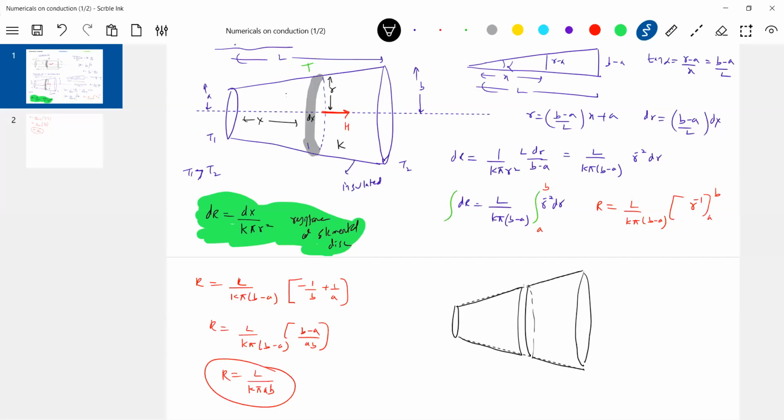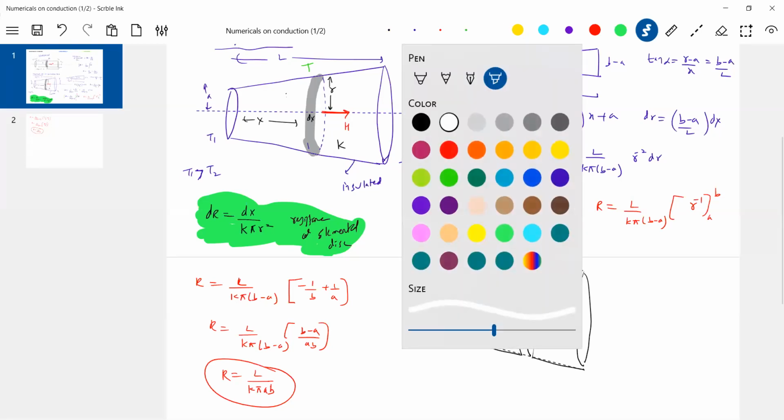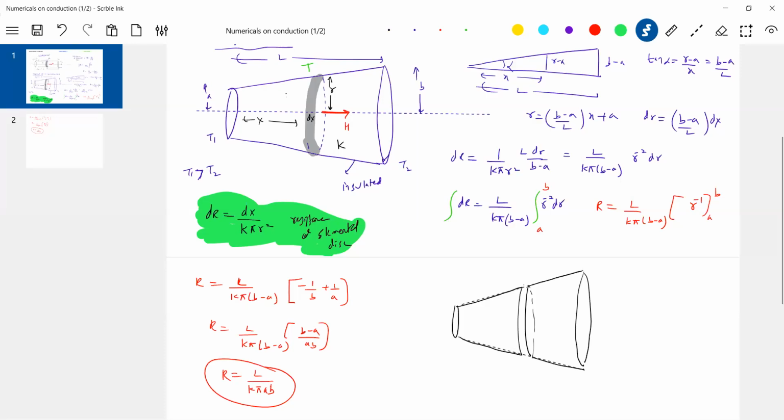Shall I break this into two parts? Is it okay?